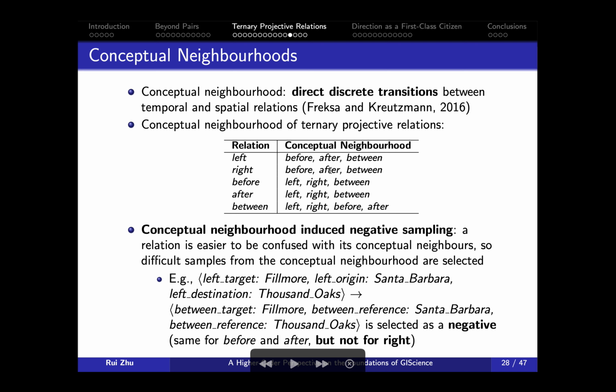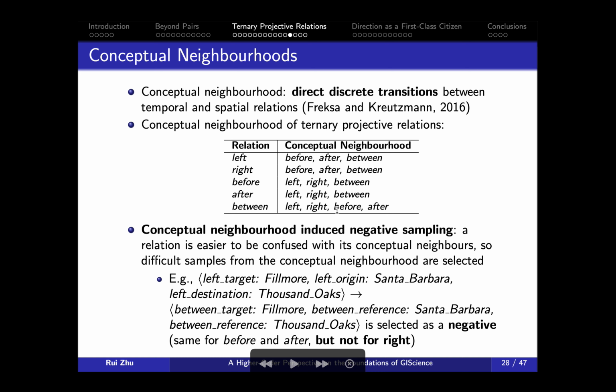Like the mutual exclusivity, we design a new negative sampling strategy using this domain knowledge. The intuition behind it is that a relation is easier to be confused with its conceptual neighbors, so more difficult negative samples generated according to conceptual neighborhood would help improve the model's performance.